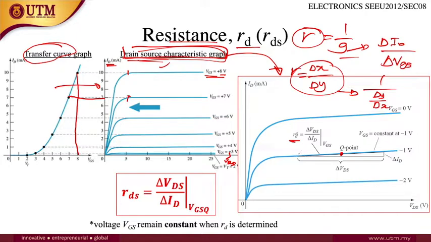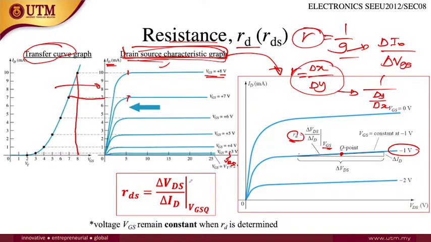If you want to find the value of resistor RD, since it is delta X over delta Y, it will be delta VDS divided by delta ID, where the value of VGS is always minus 1 volt. It's always constant. So you will get the value of resistance RD.